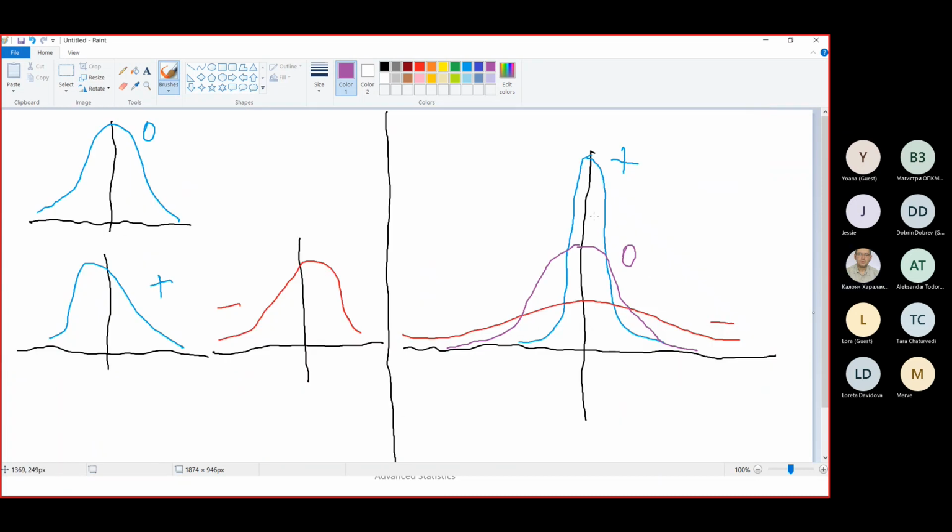If the distribution is not normal, but it is sharp, that means more than 68% are between mean minus 1 standard deviation and mean plus 1 standard deviation. That means we have enough persons in this interval, so we have a norm, sure.